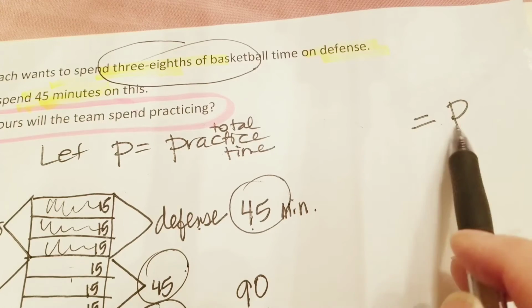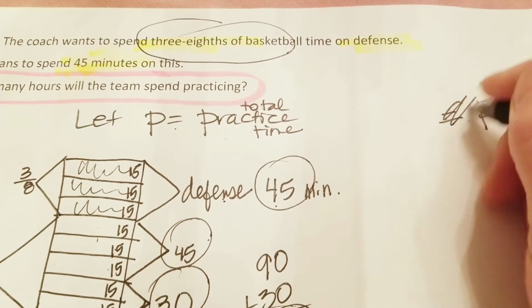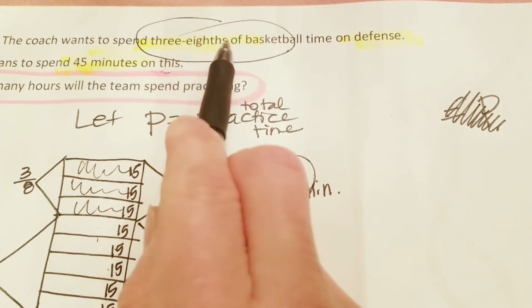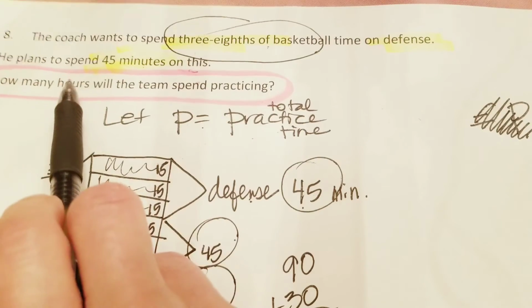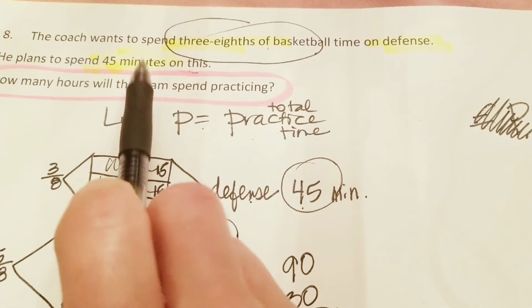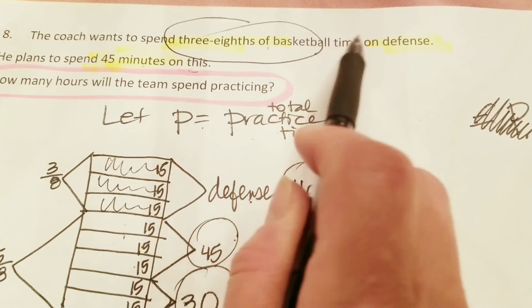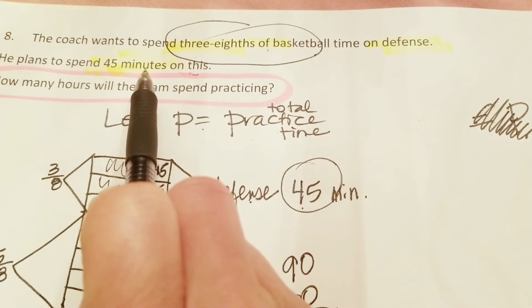Remember, our total can go to the right side of our equal sign. Actually, I'm going to write this up a different way. Because if you look at this statement, 3/8 of practice time was 45 minutes. So let's read that again. 3/8 of basketball practice time is 45 minutes.